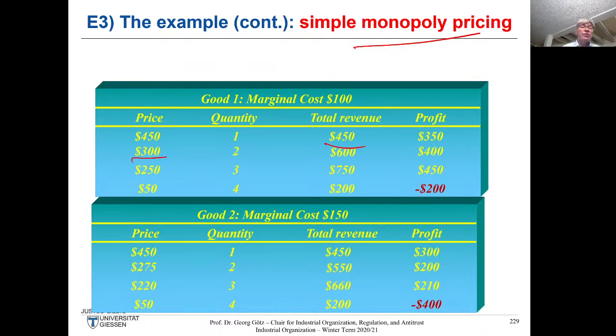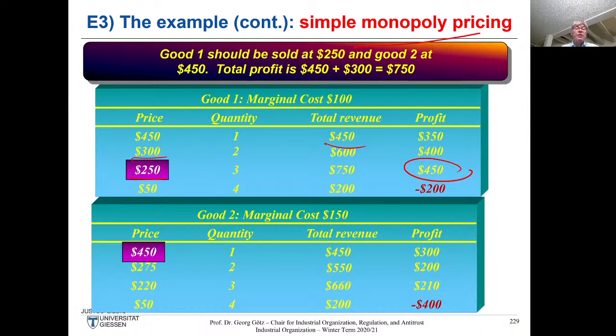If we want to sell 3, we can charge a price of 250, and so on. And what is immediately clear here, I think, is that the optimal prices would be 250, selling 3 units of product 1 and only 1 unit of product 2. This would give us the maximum profit of 750.